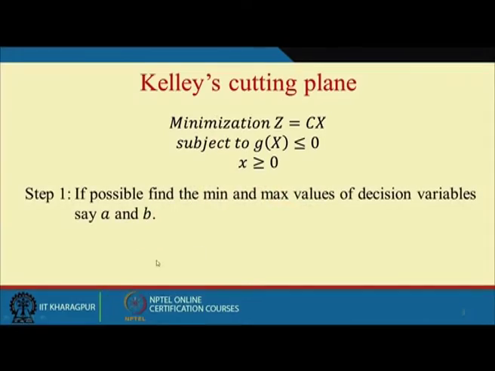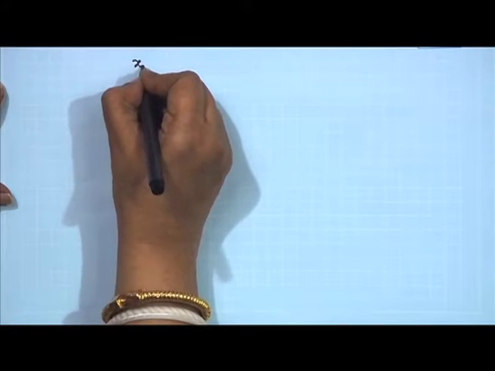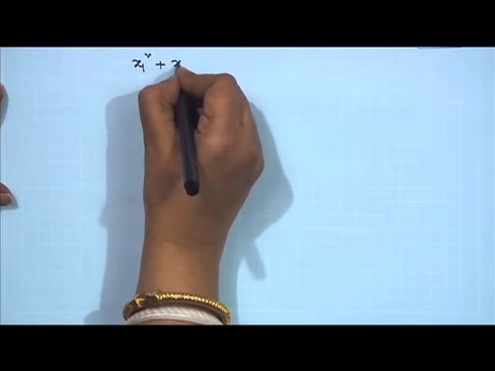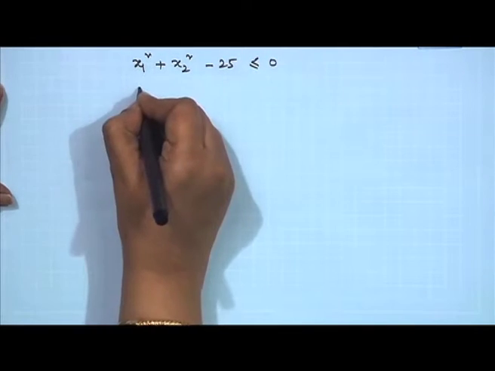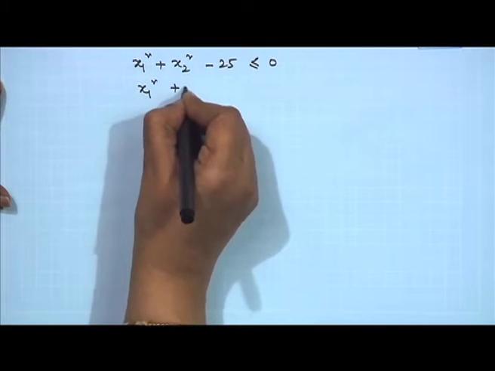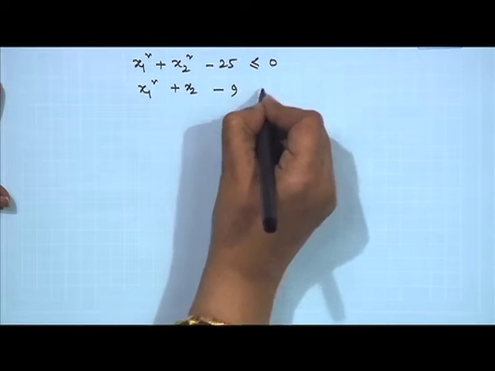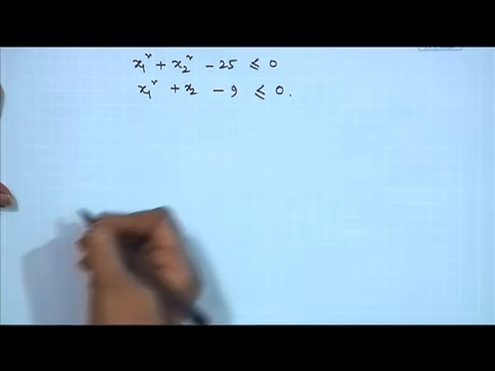Alright. Now, the first step is that if possible, find the minimum and maximum value of the decision variables. For example, we have a problem where the constraints are x1 square plus x2 square minus 25 less than or equal to 0, x1 square plus x2 minus 9 less than or equal to 0.